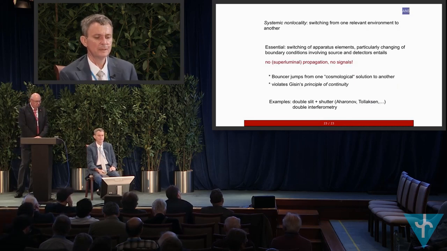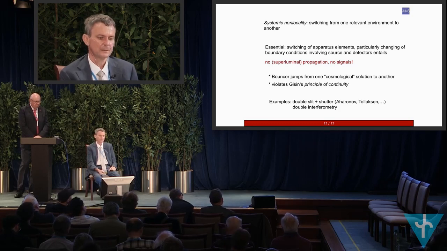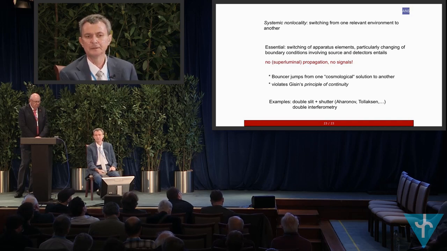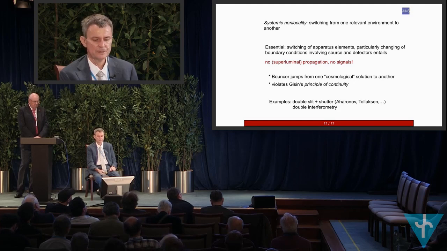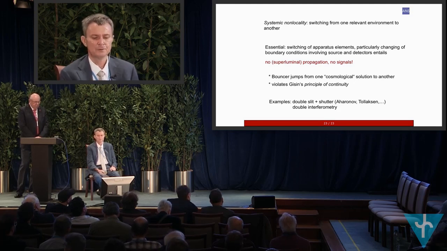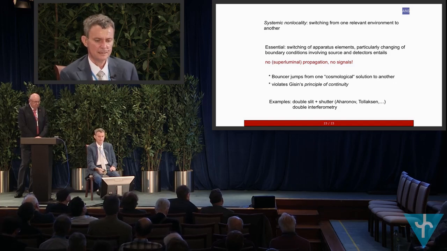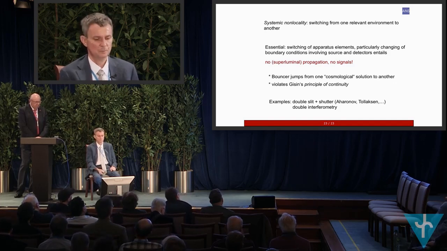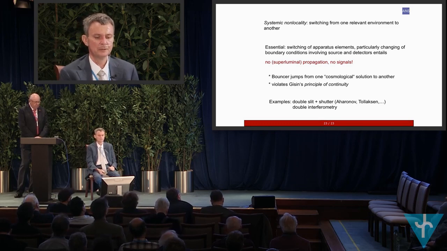What we call systemic non-locality is just this way of switching from one relevant environment into another. The essential thing is that the switching of the apparatus elements, particularly the changing of the boundary conditions, involving source and detector, entails no propagation, and also, of course, no superluminal propagation, and no signals.